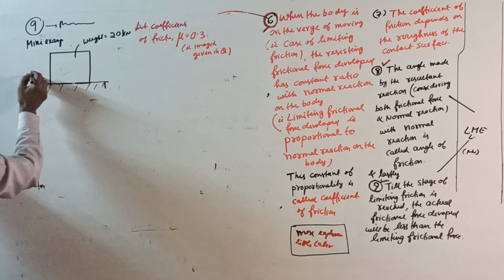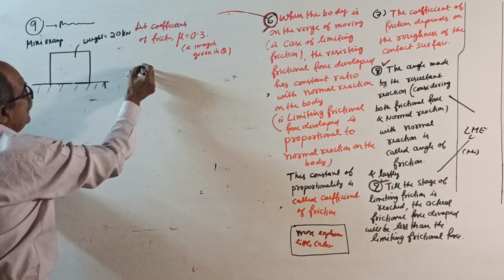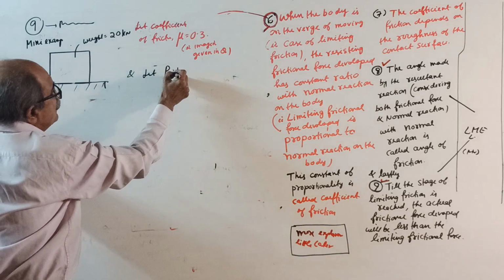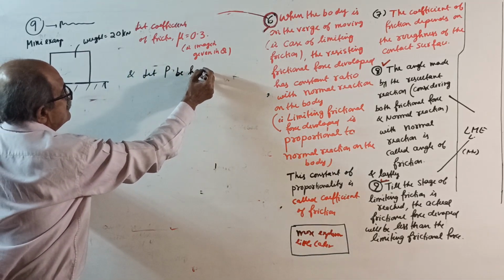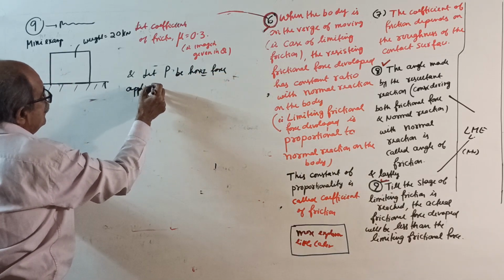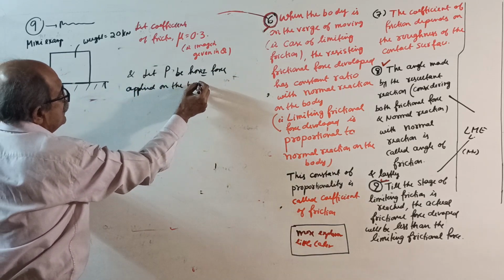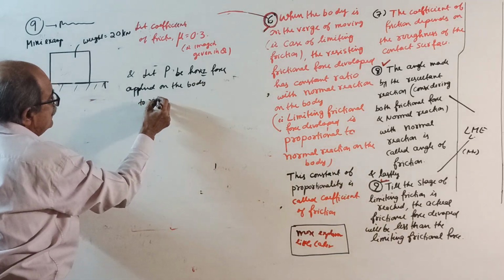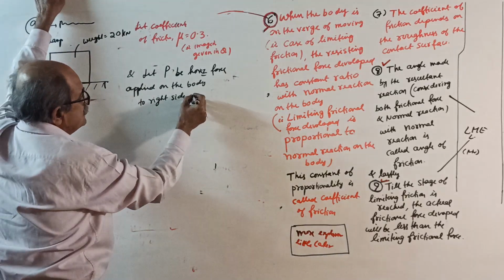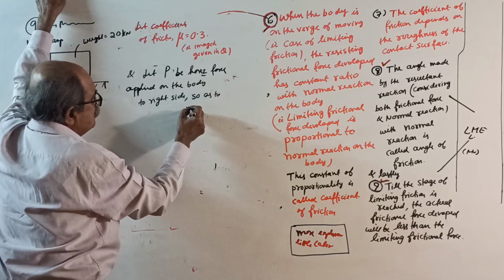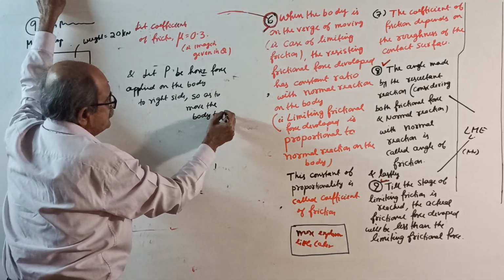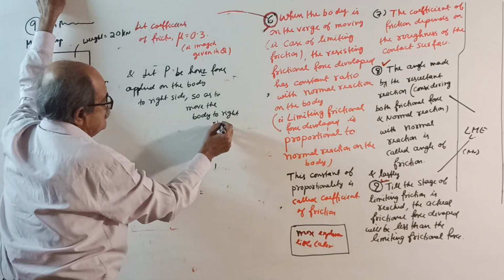Now, see here. Write this block here, and we are applying a horizontal force P on the body to the right side, so as to move the body to the right side.